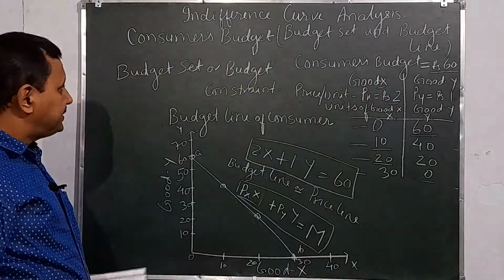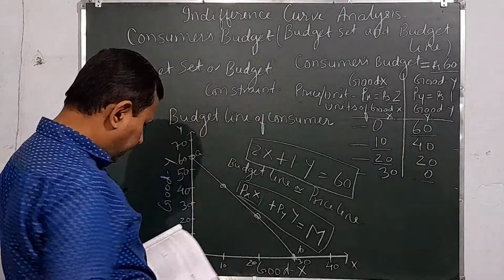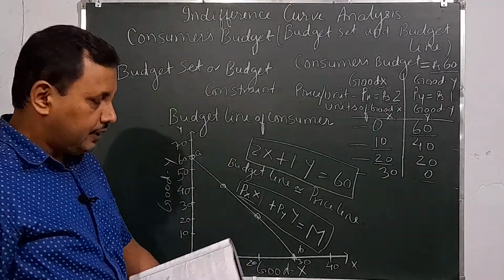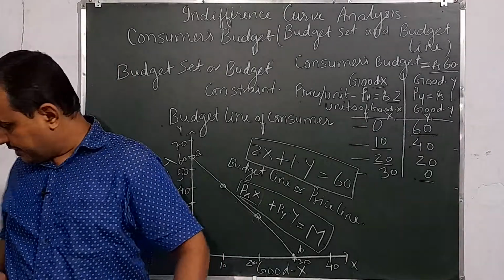So friends, here we have seen the budget set, budget constraint and consumer budget. Now we will see the attainable and non-attainable combinations.